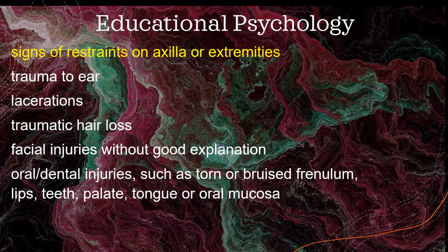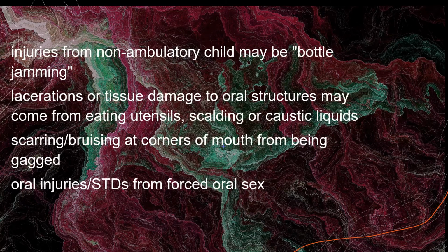Now, there are signs of restraints on axilla or extremities, trauma to ear, lacerations, traumatic hair loss, facial injuries without good explanation, oral or dental injuries such as torn or bruised frenulum, lips, teeth, palate, tongue, or oral mucosa.